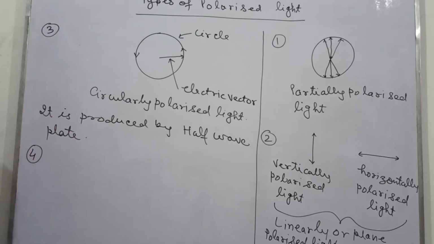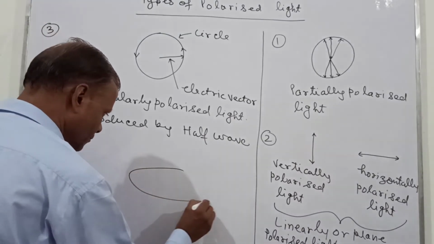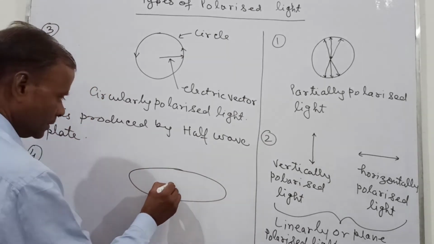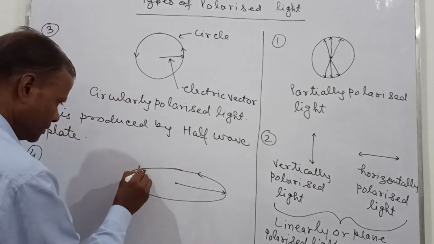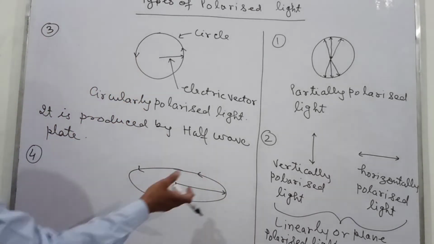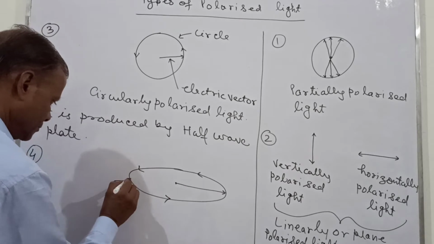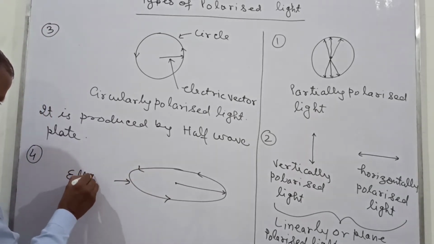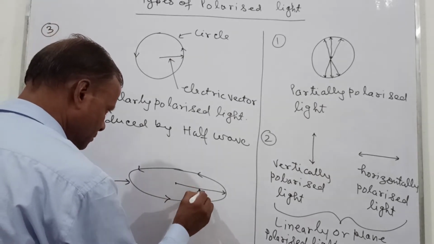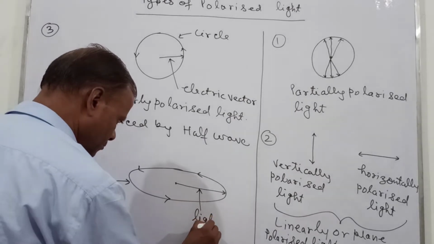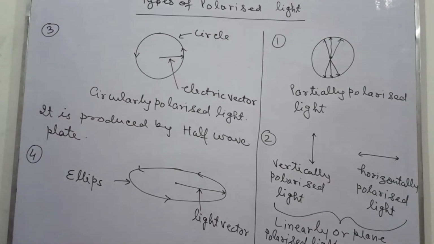And number four, elliptically polarized light. Now this is like this one. This is now the electric vector. Now this rotates in this way, so this is now an ellipse.